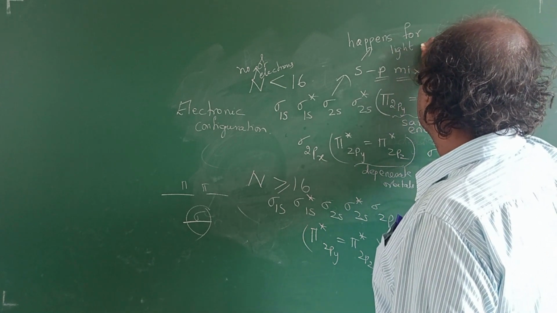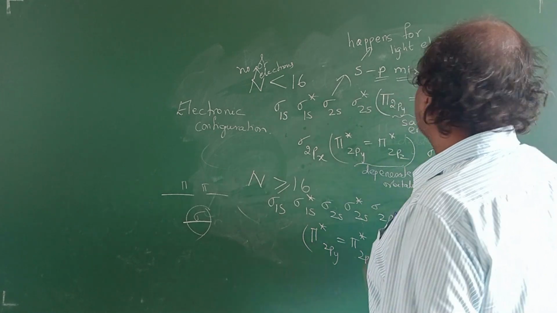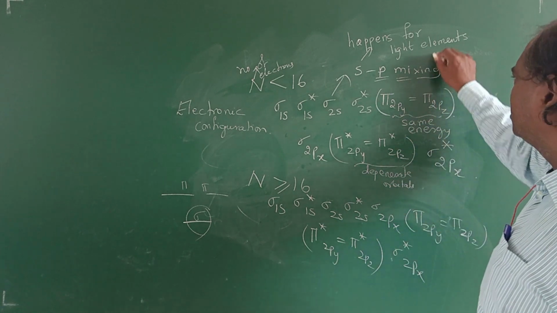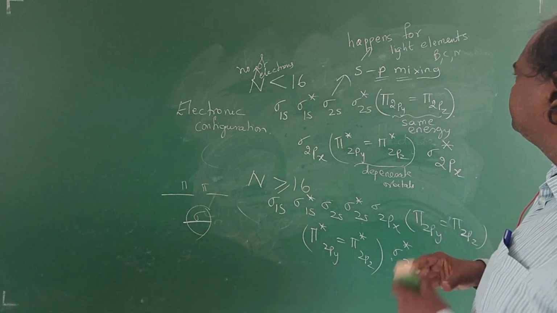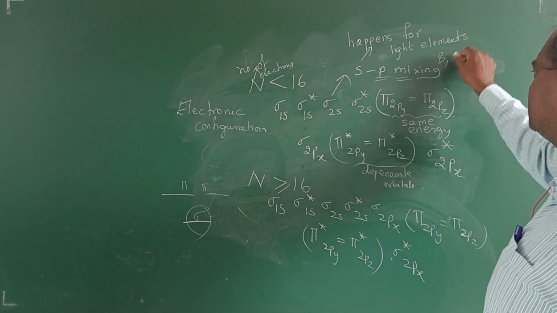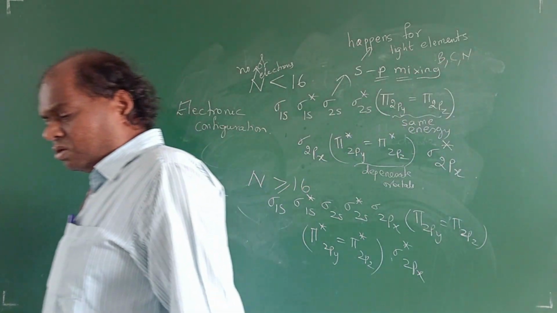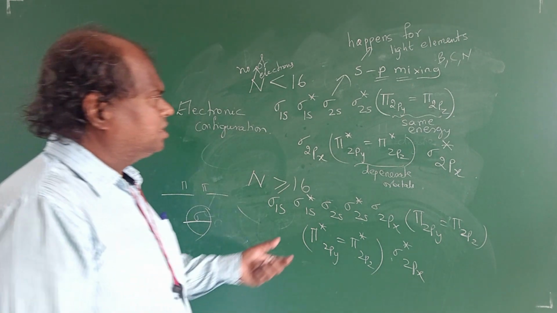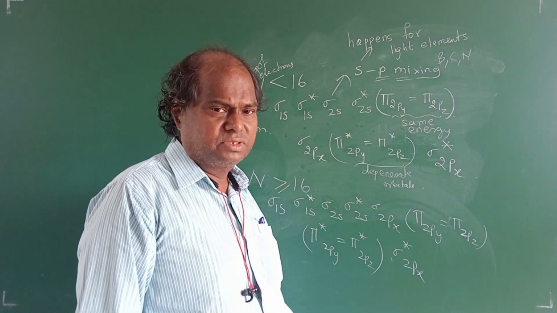Is that clear? Yes, only for very light elements such as boron, carbon, nitrogen, up to oxygen. Fine? Students, are you getting it? So thanks to sp mixing, you see the small change in the order only for lighter elements.